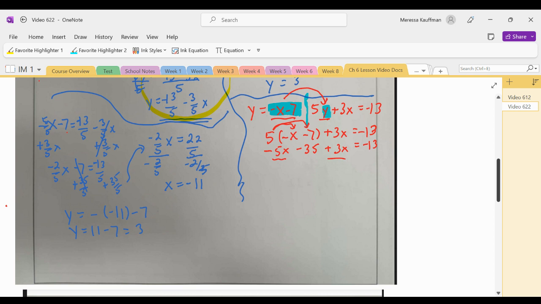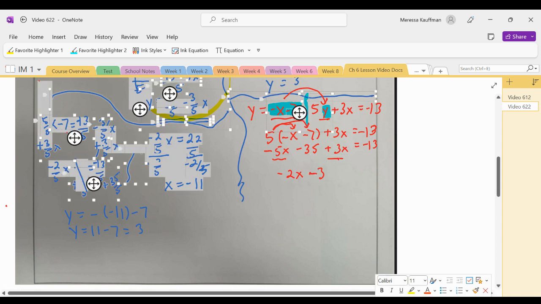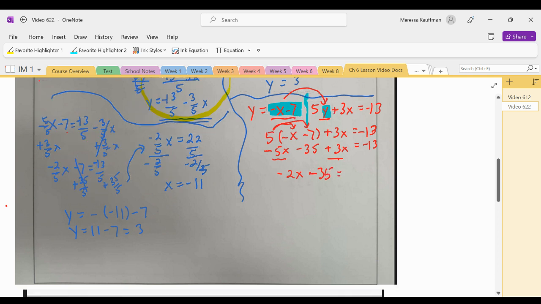I'm going to add these two together. I get negative 2x minus 35, not 3x. Yeah, going crazy. Minus 35 is equal to negative 13.